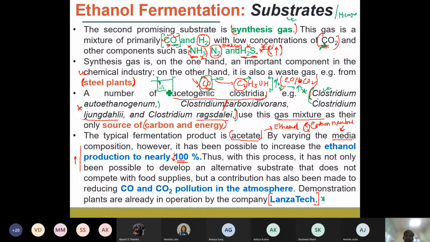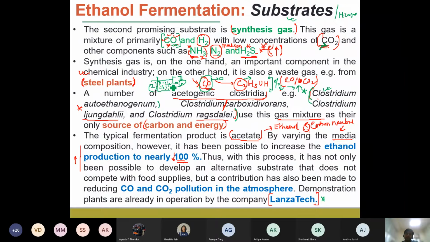Only after they are dissolved will the cells take up the dissolved gaseous components from the media. So the first step is the dissolving of the gases into the growth media, and the second step is that the dissolved gases are taken up by the cells.